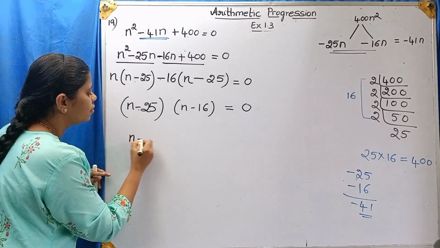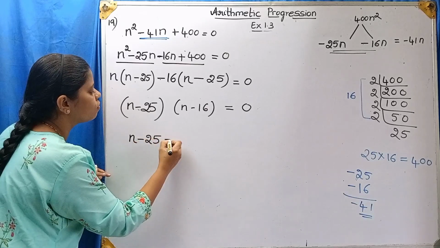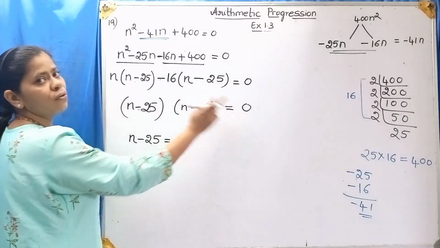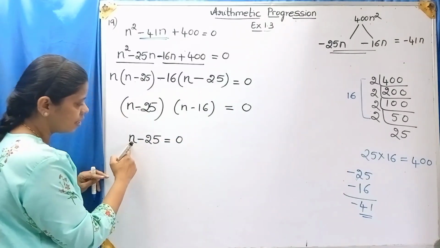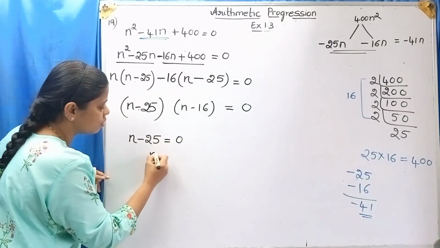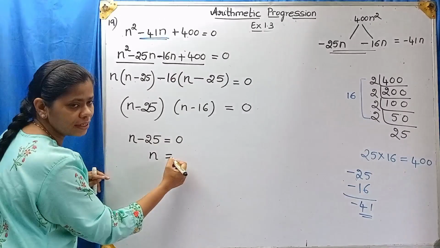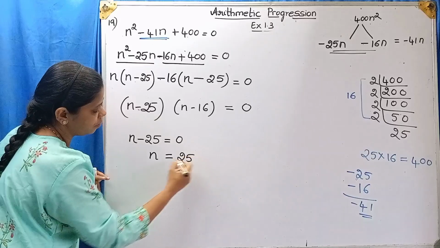Now, n minus 25 is equal to 0. Let us equate this to 0 separately. That is, n minus 25 is equal to 0. n is equal to what? Minus 25, when it crosses this is equal to sign, it will become plus 25.